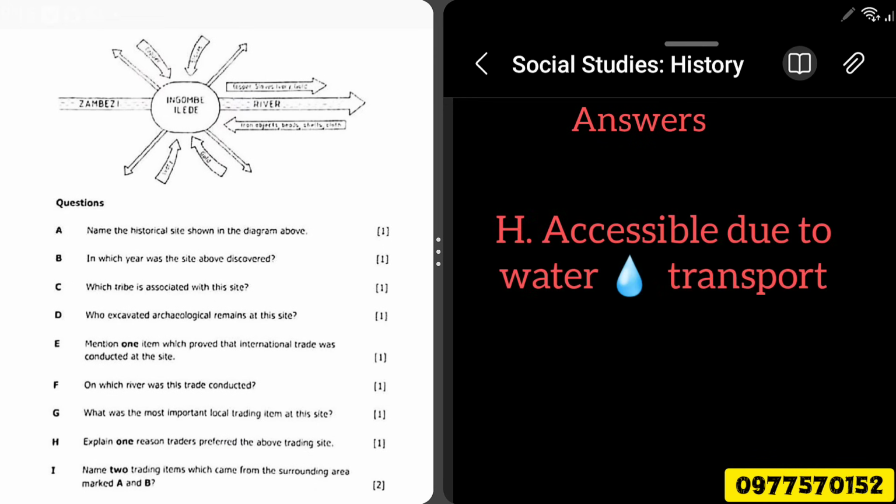It was accessible due to river transport. Again, another reason is that it was rich in salt, ivory, gold, and copper, to mention but a few. So just say one reason: good water transport.